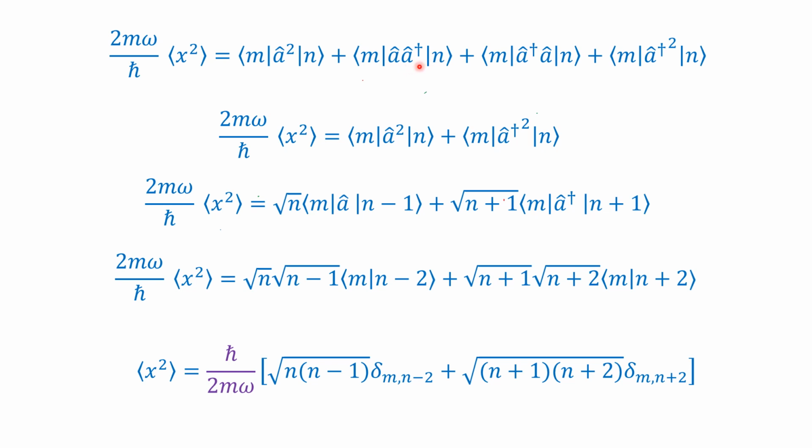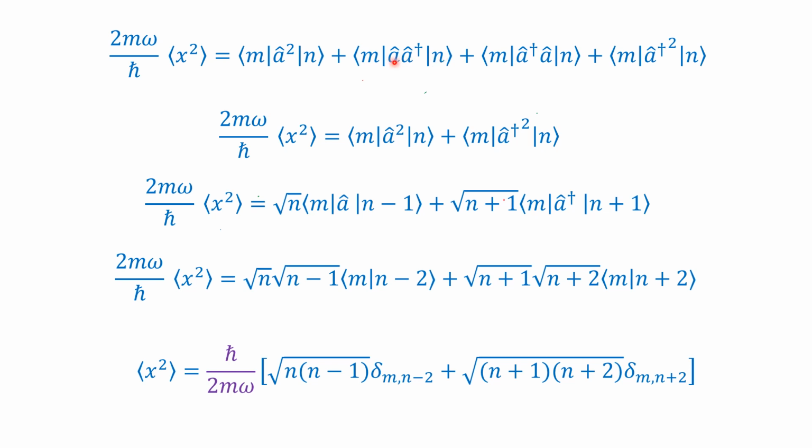Anyway, this is going to be zero, and I will explain why. If the creation operator acts on n, you get n plus 1, and you can take the square root of n plus 1, the expansion coefficient, outside the inner product. Then here you will have n plus 1.